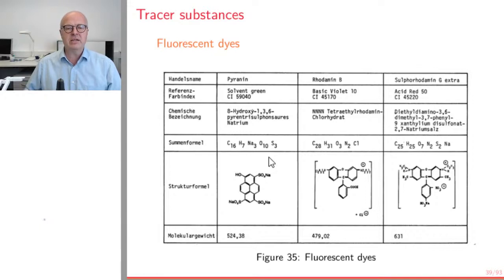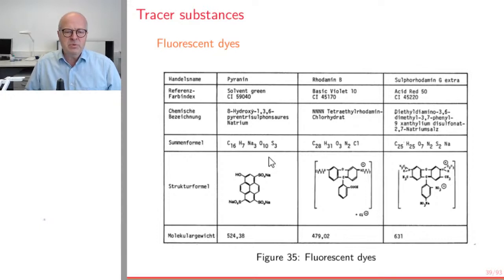Another thing that we should keep in mind is that the molecular weights are always high, 245 to more than 600 grams per mole. And if we look at the chemical formula, they are composed of carbon, hydrogen, sodium, oxygen, and sulfur only.